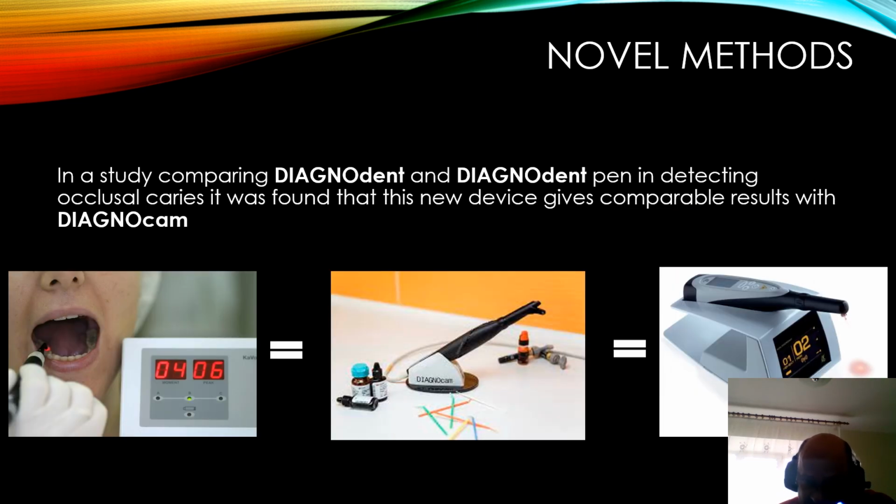In a study comparing Diagnodent and Diagnodent Pen in detecting occlusal caries, it was found that this new device gives comparable results with DiagnoCam. These three devices are similar in effectiveness.